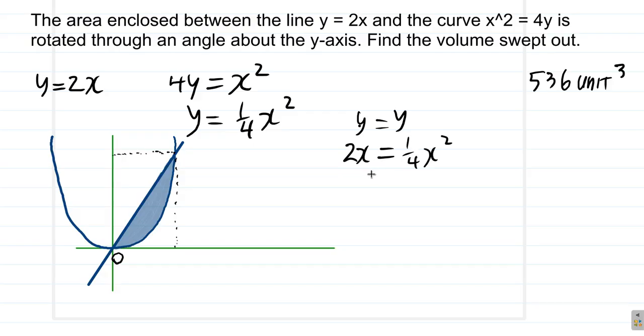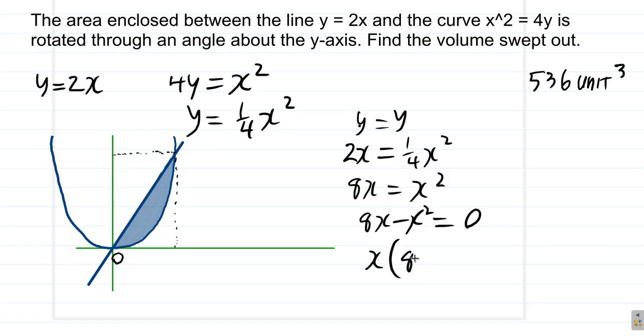If you multiply both sides by 4, you have 8x equals x squared. Let us rewrite it as 8x minus x squared equals 0. Factor out the x: x times 8 minus x is equal to 0.